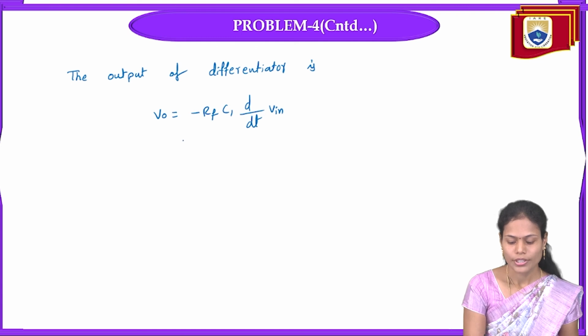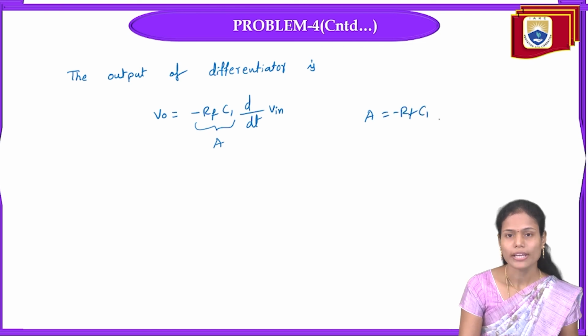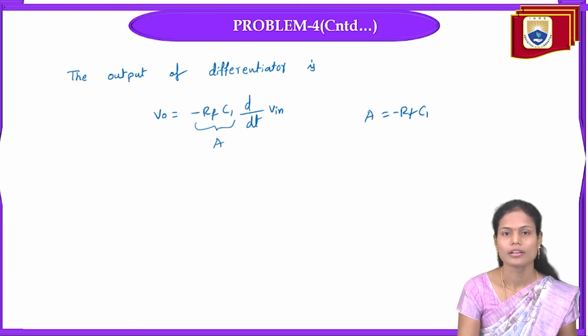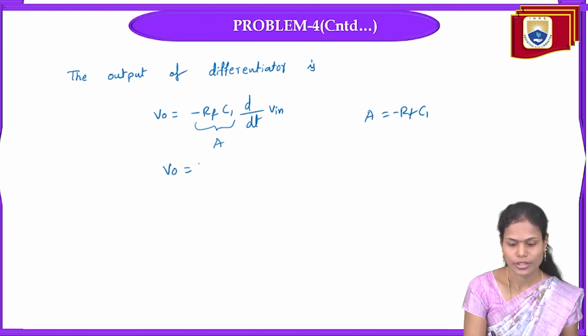Now here I am taking this value as A, A equal to minus RF C1. Why I am considering it as some constant A is because here we don't know the values of feedback resistance as well as capacitance. So that's why we are taking it as A. So V0 equal to A d by dt of Vin.